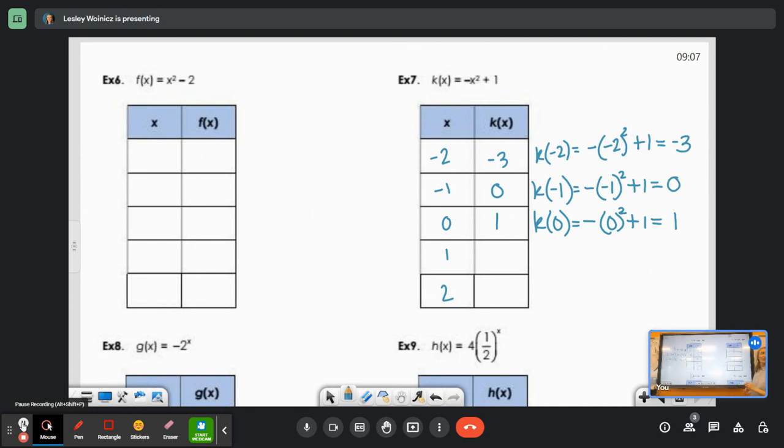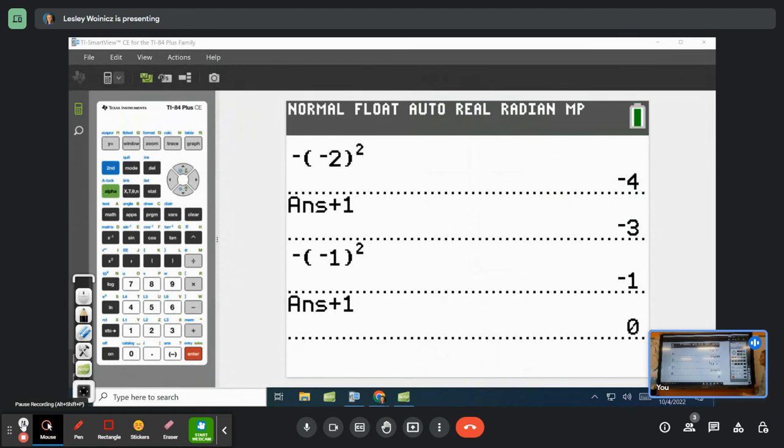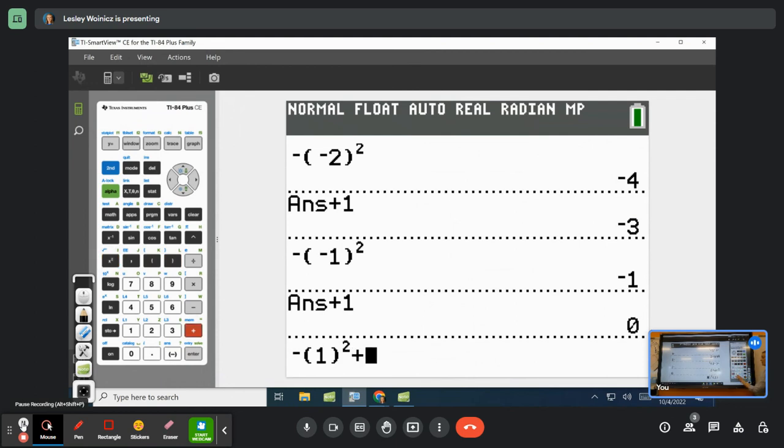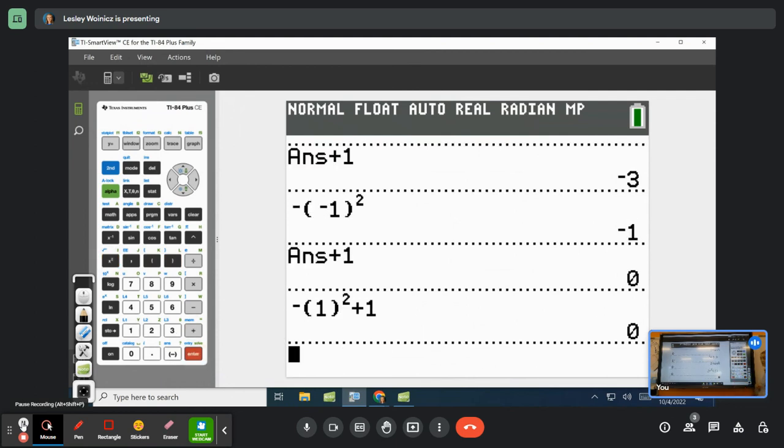Did you get that on your calculator? Do I need to do it? Oh, you guys are so quiet today. That's fine. Okay, so k of 1 is the opposite of 1 squared plus 1. So let's put that one in the calculator. I got 0.